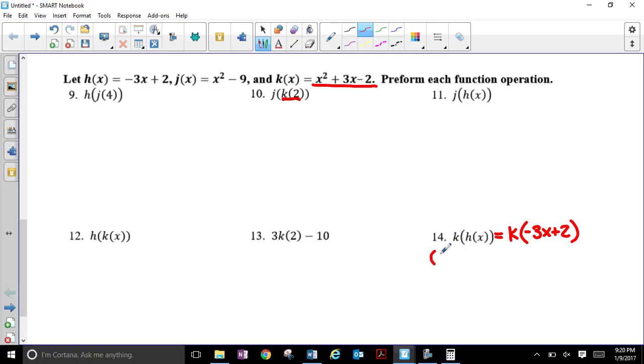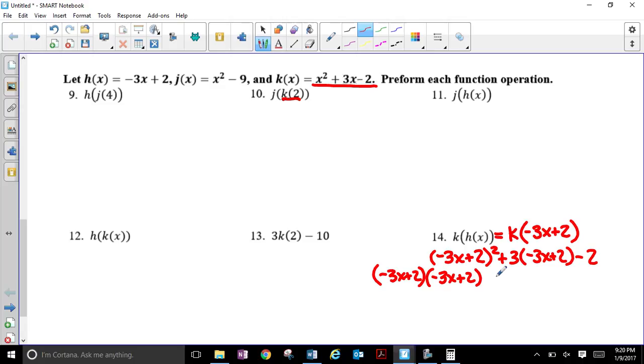So in parentheses, I have -3x plus 2 in parentheses squared, that's your x squared, plus 3 times -3x plus 2, that's the 3 times x, and then minus 2. You have to remember negative 3x plus 2 squared does not mean you just distribute that square and you get 9x squared plus 4. That's not how that works. This squared means that you have negative 3x plus 2 times negative 3x plus 2.